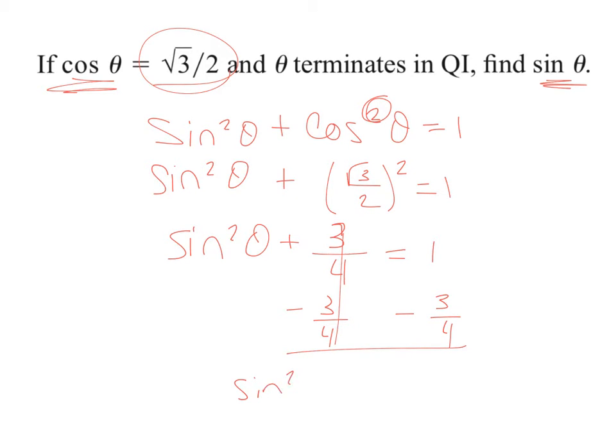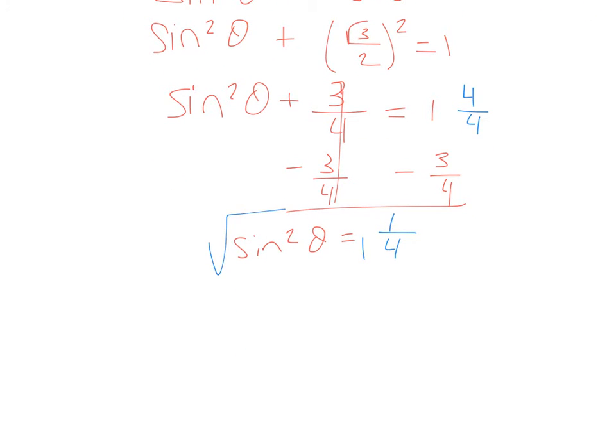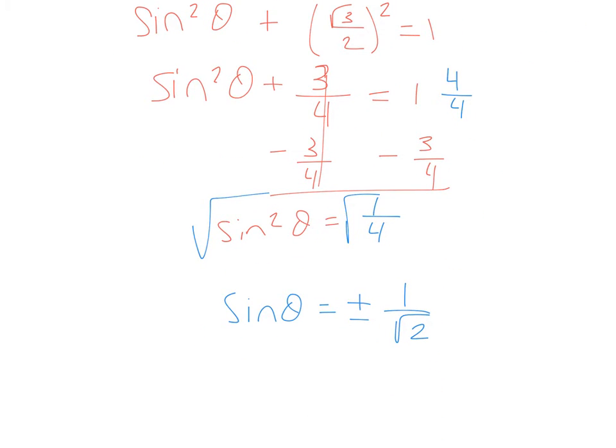So it'll be sine squared theta equals, again like the last problem, 1 is 4 over 4. So 4 minus 3 is 1 over 4. I can solve this by taking the square root and getting sine of theta equals plus or minus 1 over the square root of 2. Oh, by the way, it's 1 over 2, my bad, because the square root of 4 is just 2.